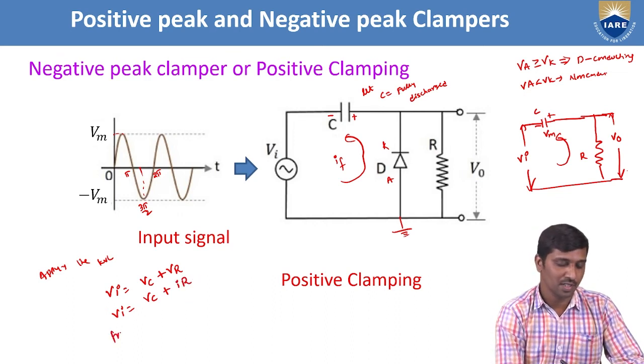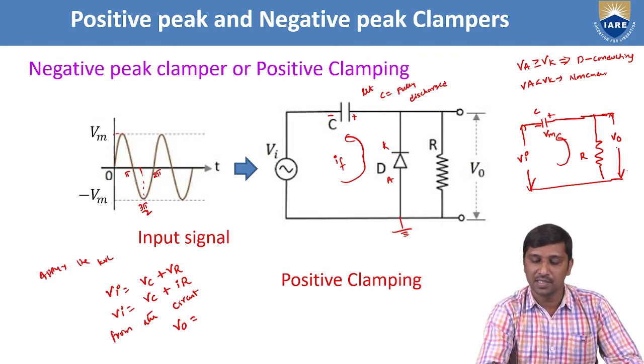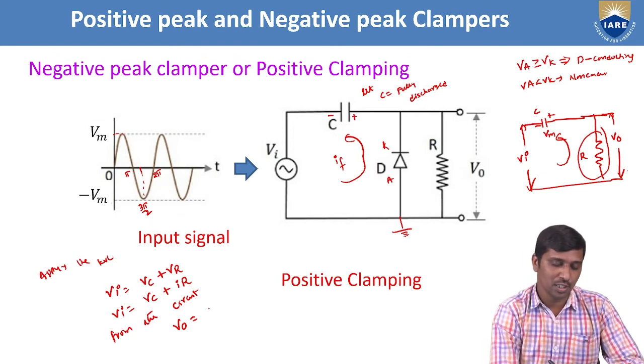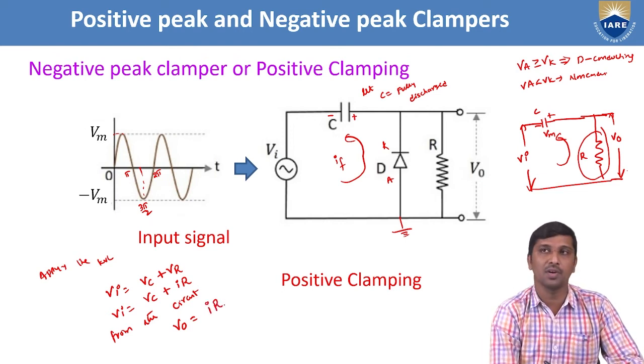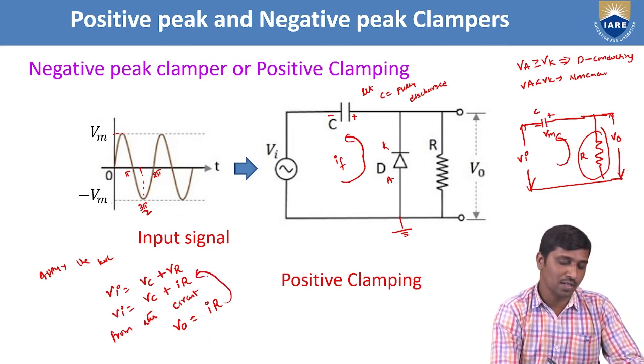Now from the circuit, I'm going to find out the output voltage V0. So what is V0? This V0 is proportional to this resistance, so we need to find out the voltage drop across this resistance. The voltage drop across the resistance is represented as I into R. Now I'm going to substitute this I into R in this equation.